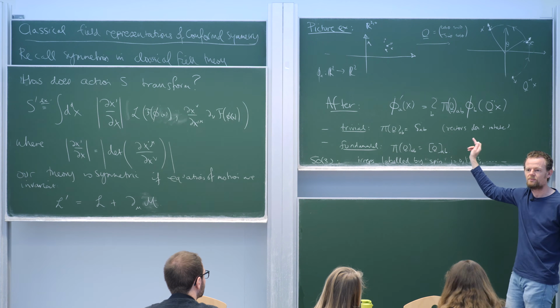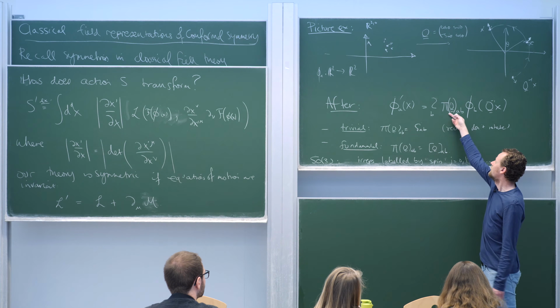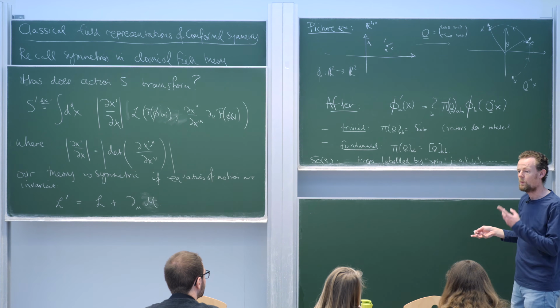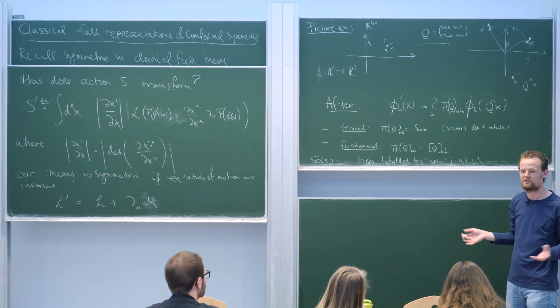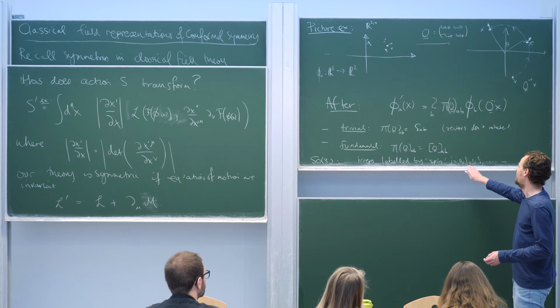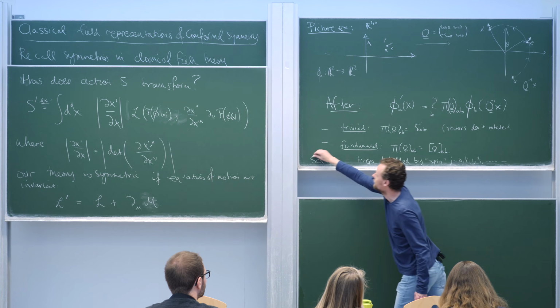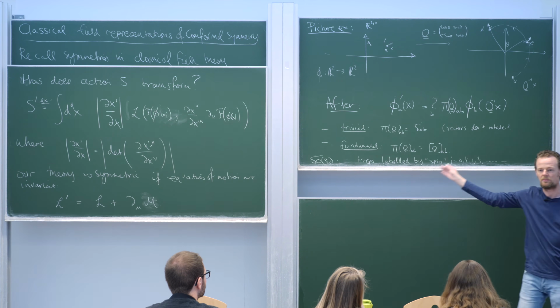So it's a one-dimensional matrix in the spin 0 case, it's a 2 by 2 matrix in the spin half case, it's called the spinor representation. And in the spin 1 case, it's a 3 by 3 matrix, which just happens to equal the fundamental representation, and so on.